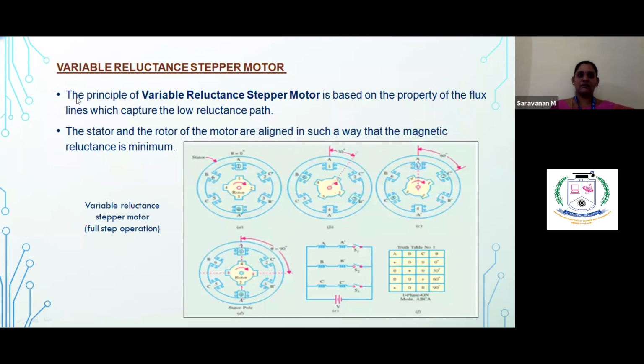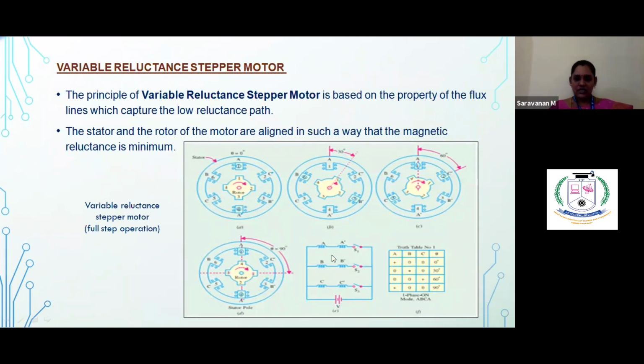Now let me explain the variable reluctance motor. The variable reluctance motor is based upon the property of your magnetic flux lines. Here you can see the outer ring is your stator and the inner ring is your rotor. On the rotor you have the slots cut, and in the slots you are going to keep your coil.